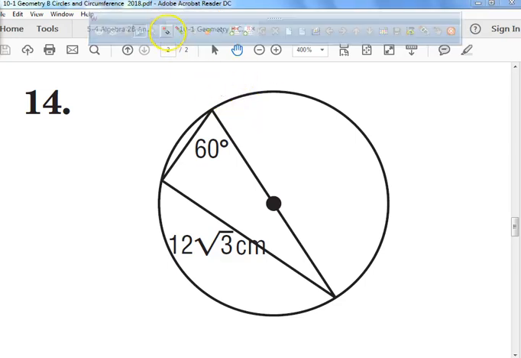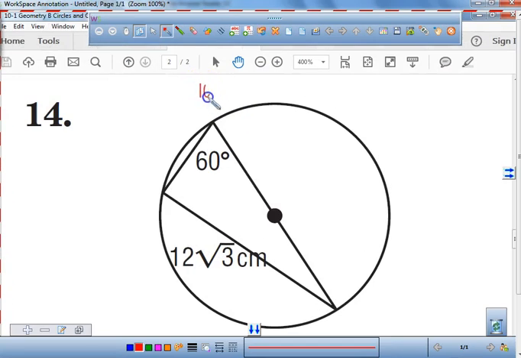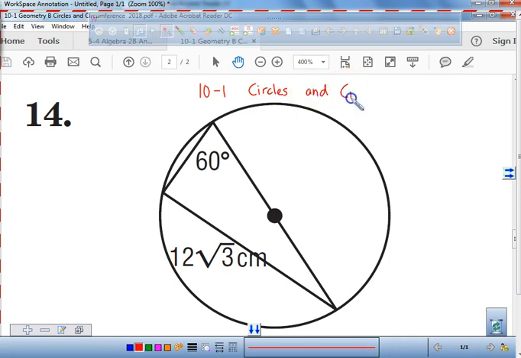We are continuing with Chapter 10, Section 1, dealing with circles and circumference. Sometimes you're asked to find the approximate circumference.